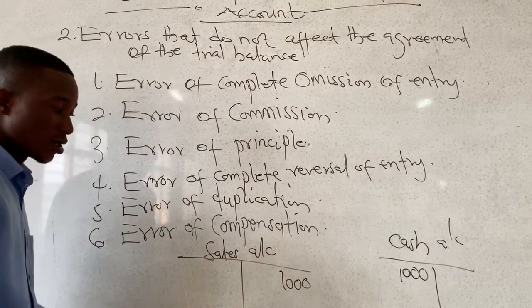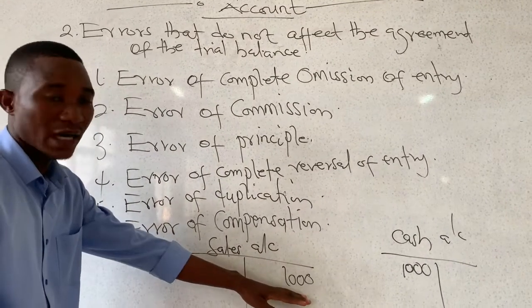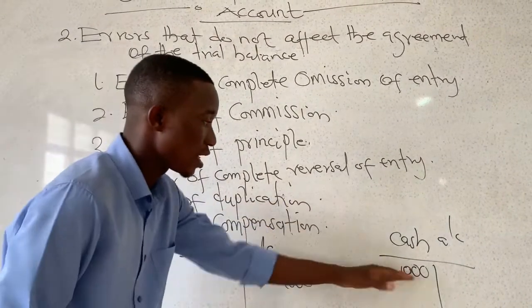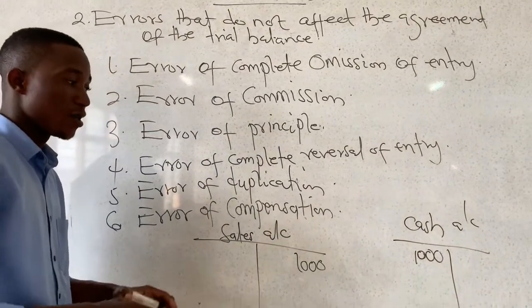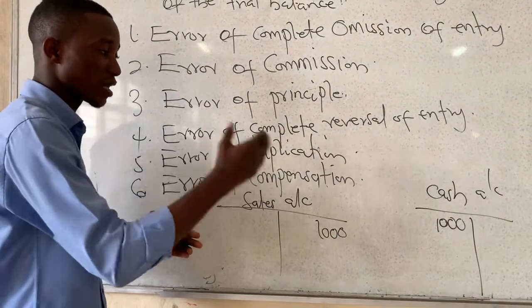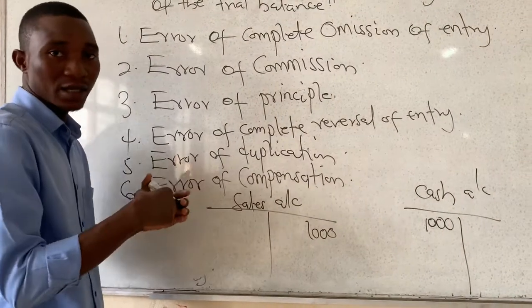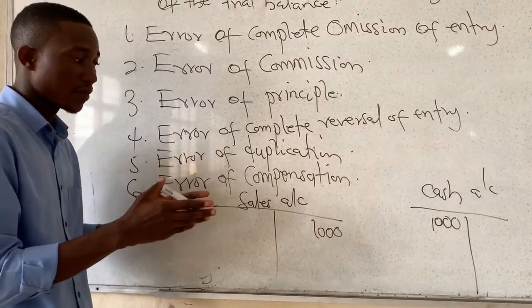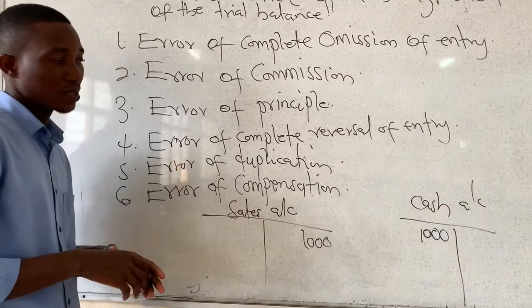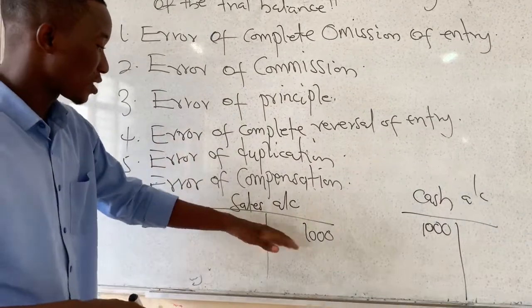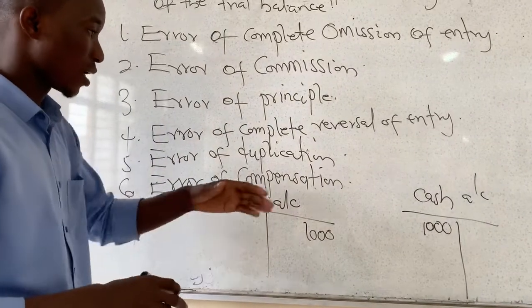In effect, you have a credit entry of $1,000 and a debit entry of $1,000. Because the transaction is affecting two different accounts in opposite entries, as the double entry principle talks about, the trial balance will still balance. Is that okay? So when you commit this type of error, this is an error of compensation.